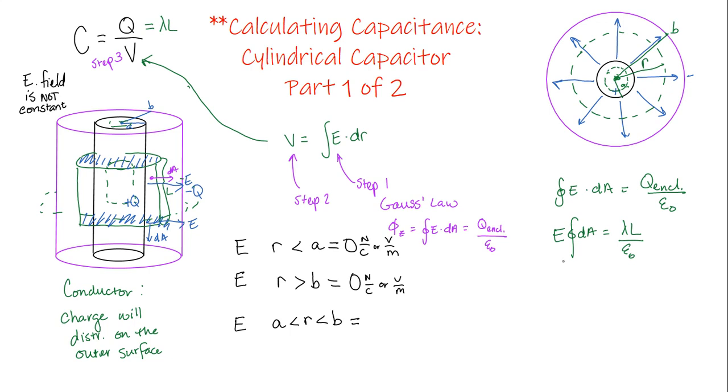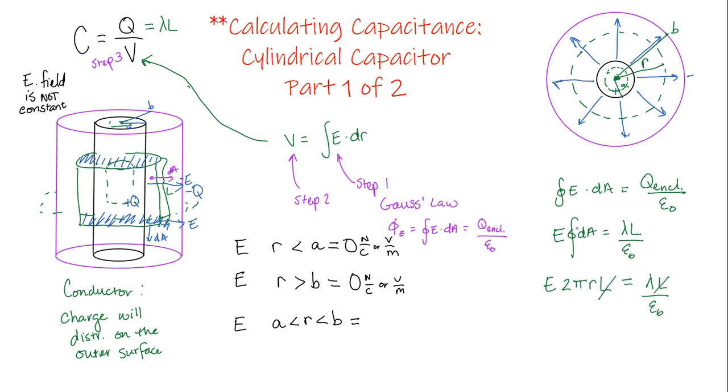So when I integrate all the pieces, right, all the little pieces, I'm going to get E times 2 pi r of the Gaussian surface times L, which is the length of the Gaussian surface. So that's just the surface area of the sides of my Gaussian toilet roll. And then I'm going to have lambda L over epsilon naught, and I see that the L's cancel.